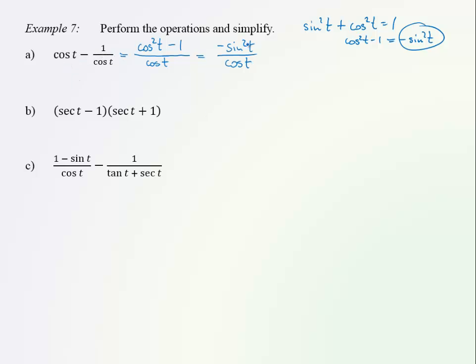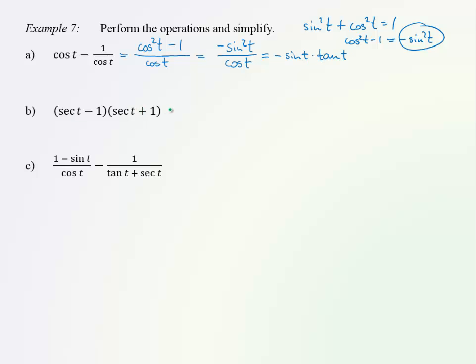So we already subtracted and we simplified. We can also rewrite this in equivalent form by saying sine over cosine is the same as tangent. So I can say this is negative sine, separate one sine, and the other sine over cosine will be tangent t. So negative sine times tan t.